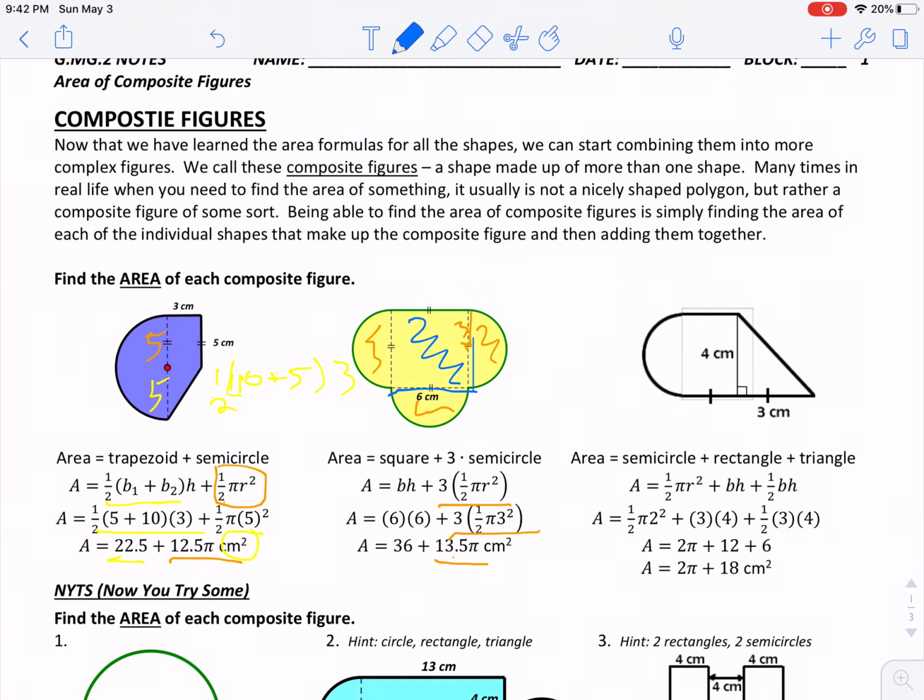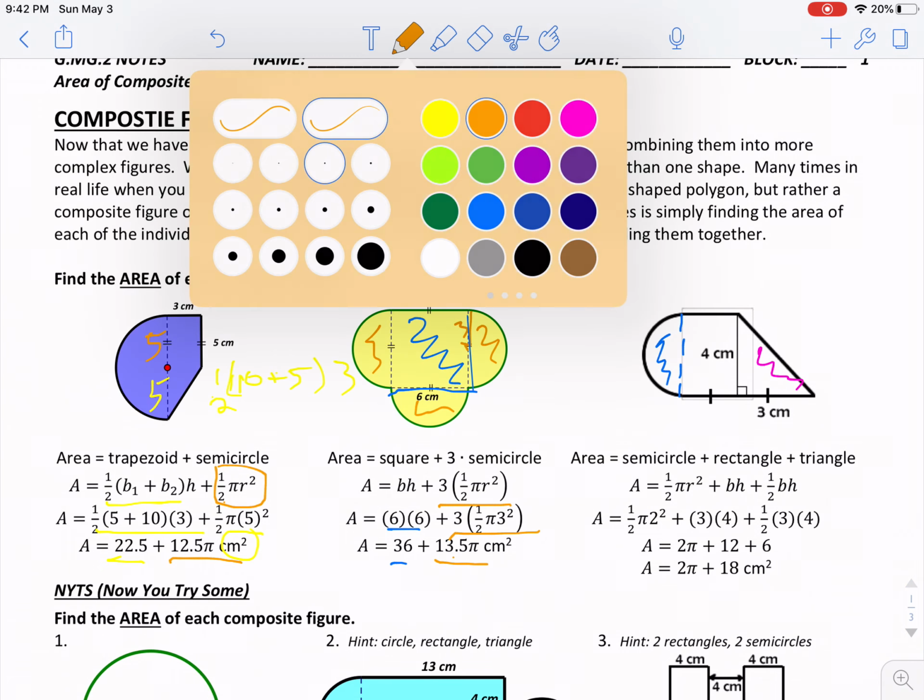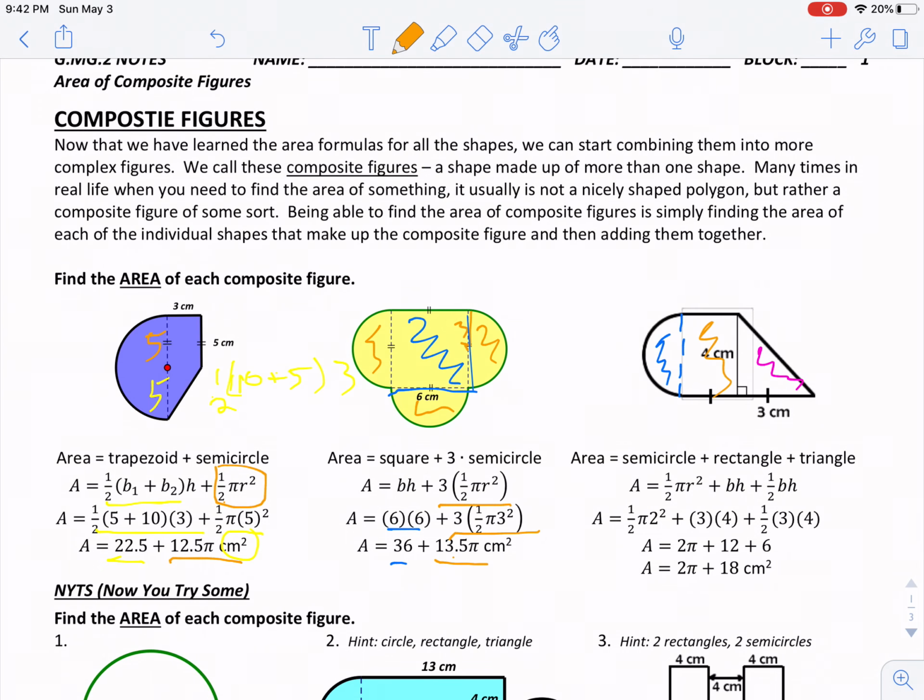All right. This third one is actually split up into 3 parts. We have our semicircle. We have a triangle. And we have a rectangle. This part's 3. The diameter of the semicircle is 4, meaning the radius is 2. So we get 1/2 pi times 2 squared for the semicircle.